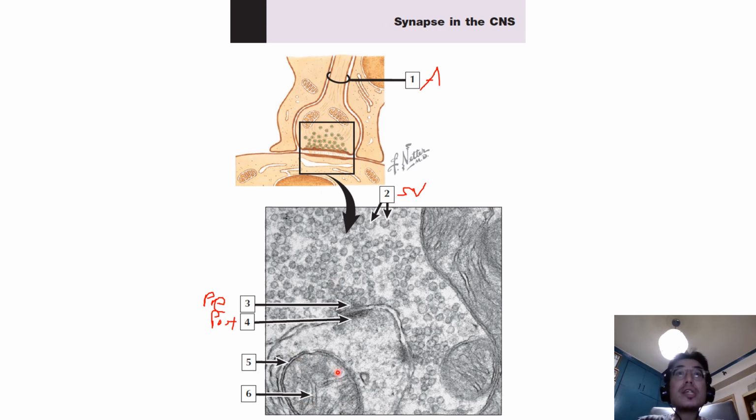Here we also see, incidentally, a mitochondrion. 5 is the outer membrane of the mitochondrion, and internally we have the cristae of the mitochondrion.